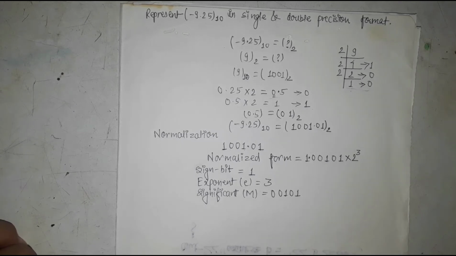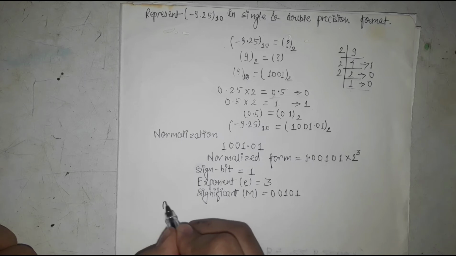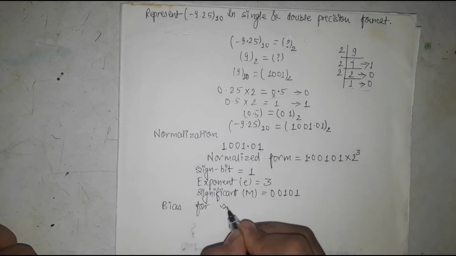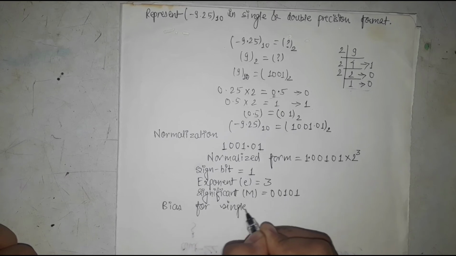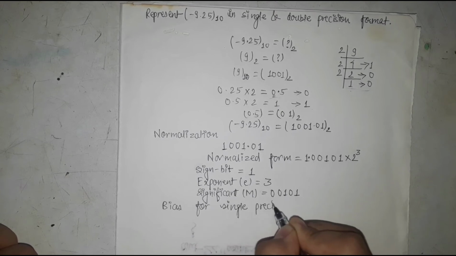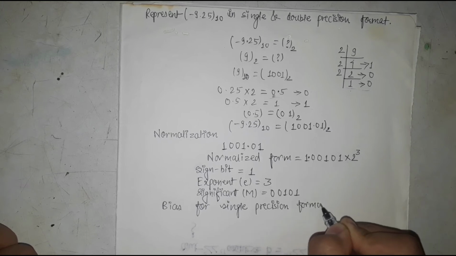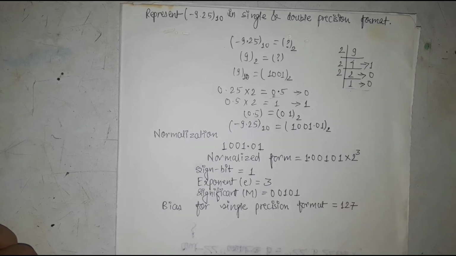So there is something known as bias for single and double precision format, and they are different in both the cases. But for now, bias for single precision format is 127.